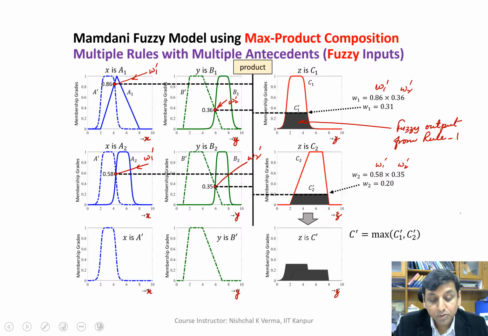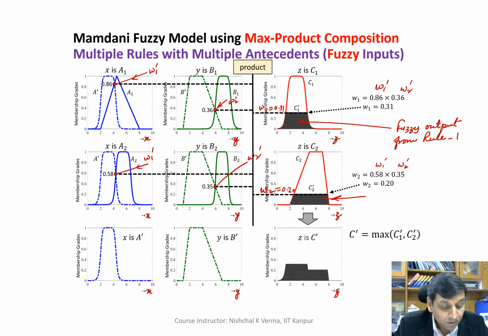Now coming back to the third scenario, when we use max product composition. In max product composition, we take again the product of the W1 dash, W2 dash, and we truncate with the value W2. So this W2 here is nothing but 0.20, and here W1 is 0.31.